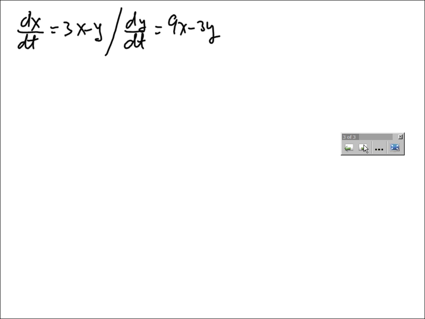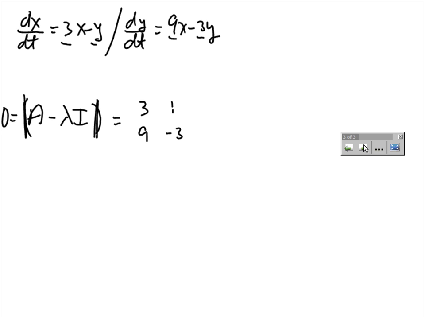So we want to find the characteristic equation, A minus lambda I. In fact, we want it to be a determinant. We're going to set it equal to 0. Well, here is A: 3, 1, and then 9, negative 3. And all you do is take away the lambda from the diagonals.